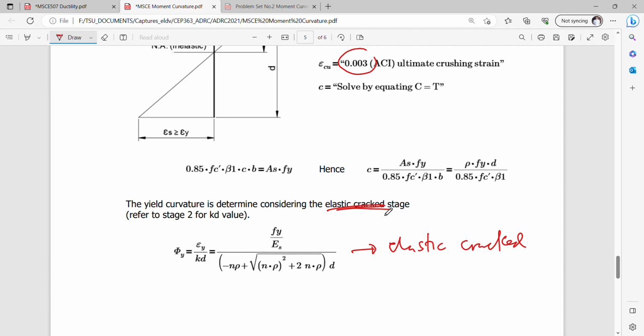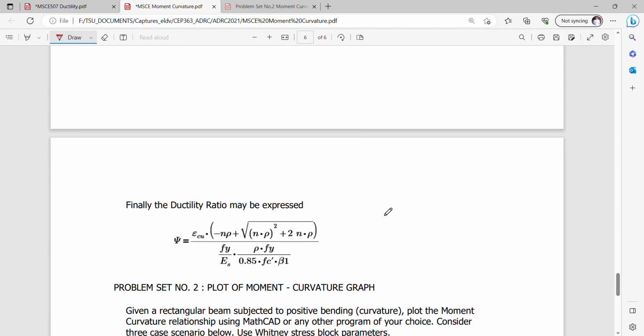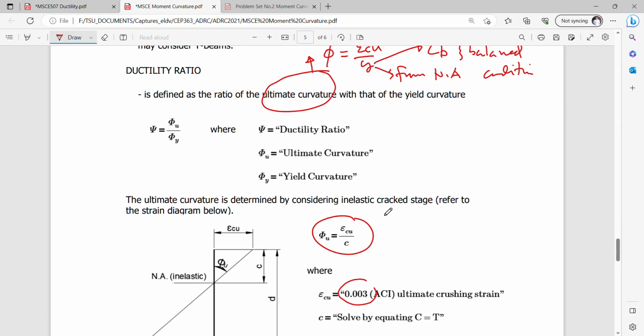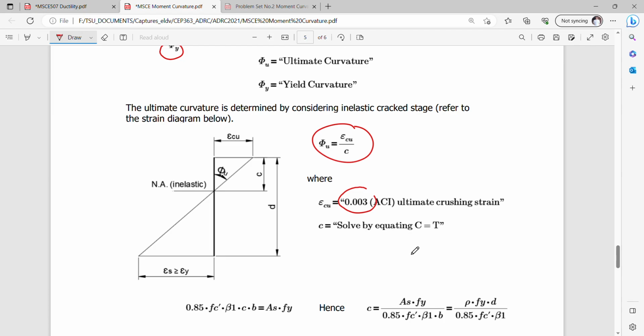while your ultimate, okay, if we take a look at this formula, this is your yield and this is your ultimate. Okay, your ultimate curvature will have to be computed on the basis of this equation.